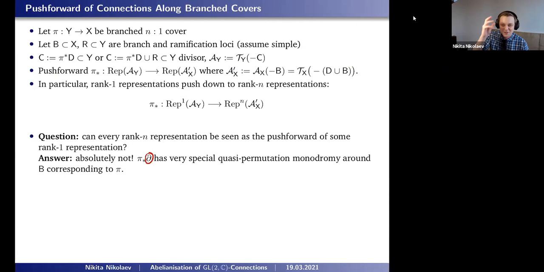So unless the covering is trivial, which means it's not a branch point to begin with, there's simply no holomorphic transformation that would take you from one to another.